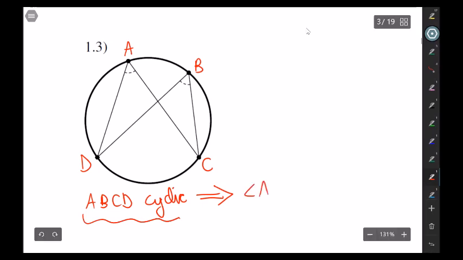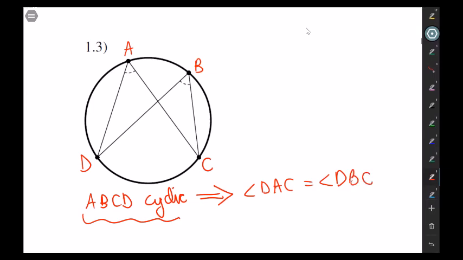Angle DAC better be equal to angle DBC. The way you are familiar with it is that they subtend the same arc, so those two angles on the circle better be equal to each other.